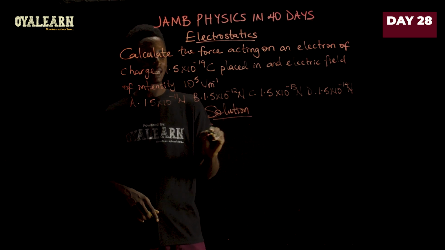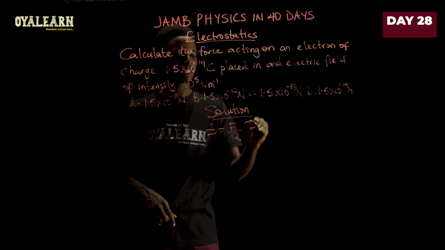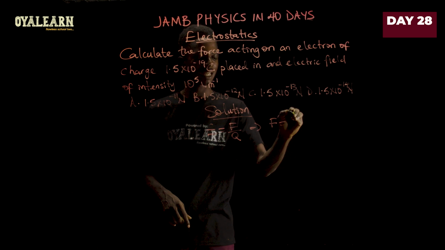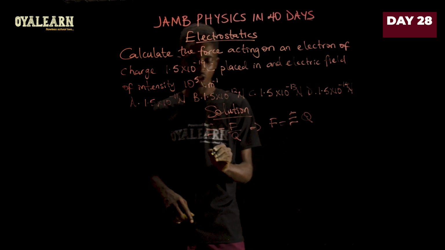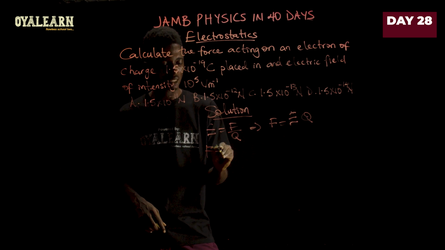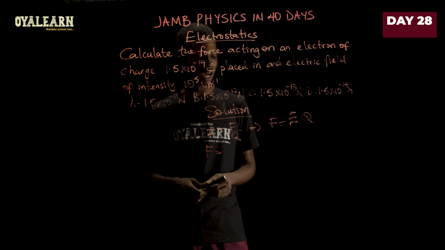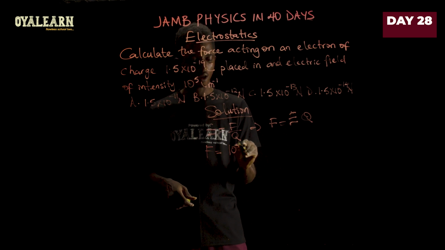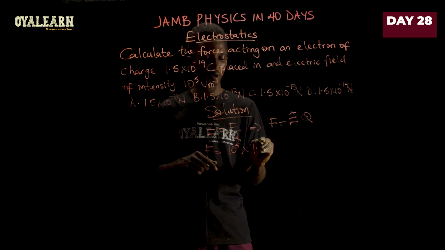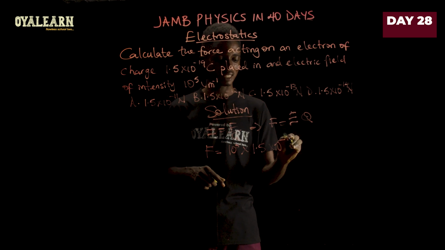Now you should know that E equals F over Q. This implies that the force F is the product of electric field intensity and the charge. So the force therefore becomes, the electric field intensity is given as 10 raised to the power 5 multiplied by 1.5 times 10 raised to the power minus 19.